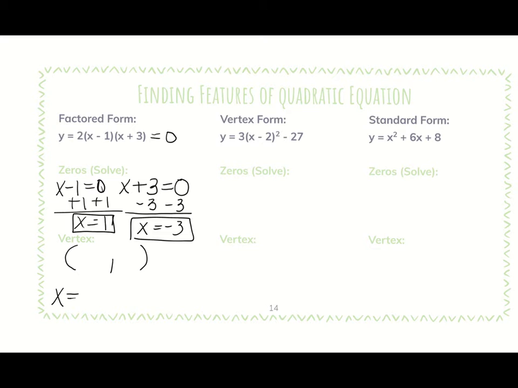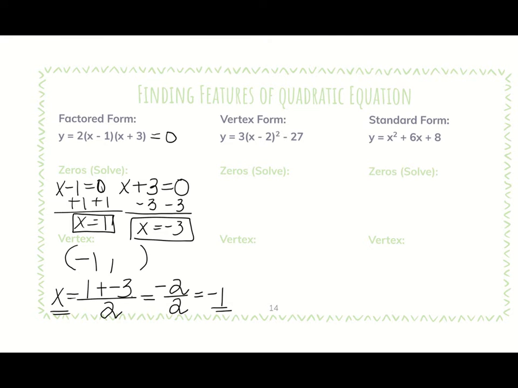So x1 would be 1, x2 would be negative 3. If we add those up and divide in half, that's going to find where the x coordinate of our vertex is. So negative 3 plus 1 is going to be negative 2. And negative 2 divided by 2 is negative 1. So our x value is negative 1.